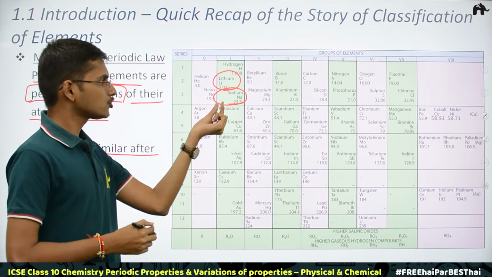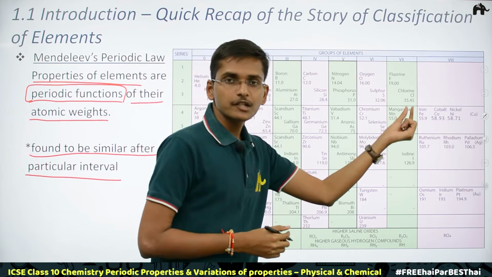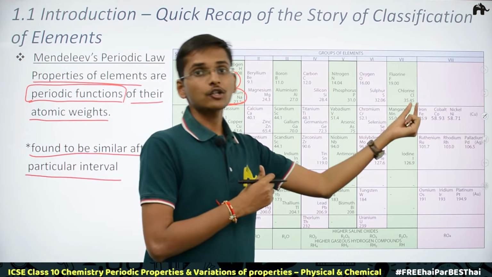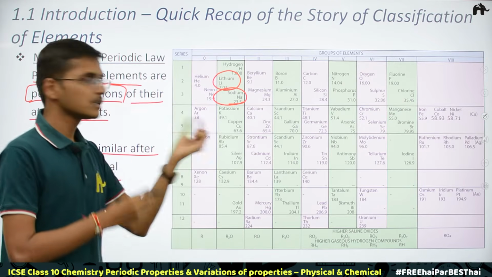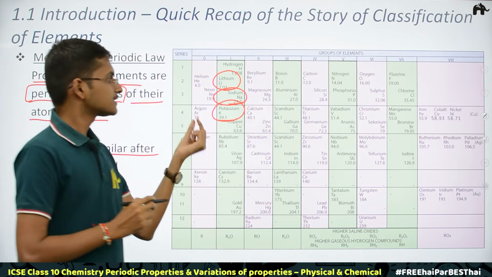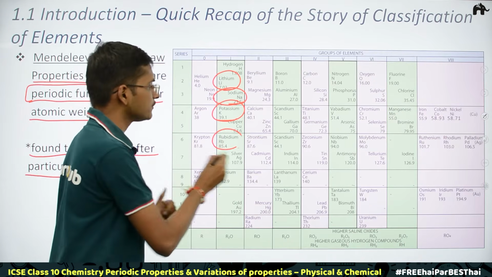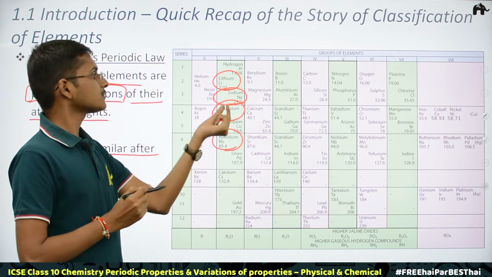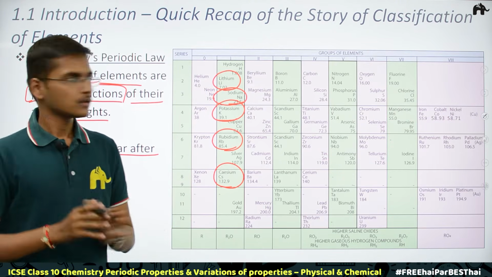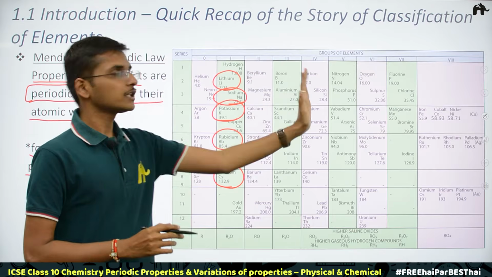Same way, after sodium, after a particular interval of atomic weight, he again found an element which has similar properties to sodium and lithium, that is potassium. And same way, he found rubidium, which also has similar properties to potassium, sodium, lithium, and then again cesium. Okay, so this story continues for all other groups as well.